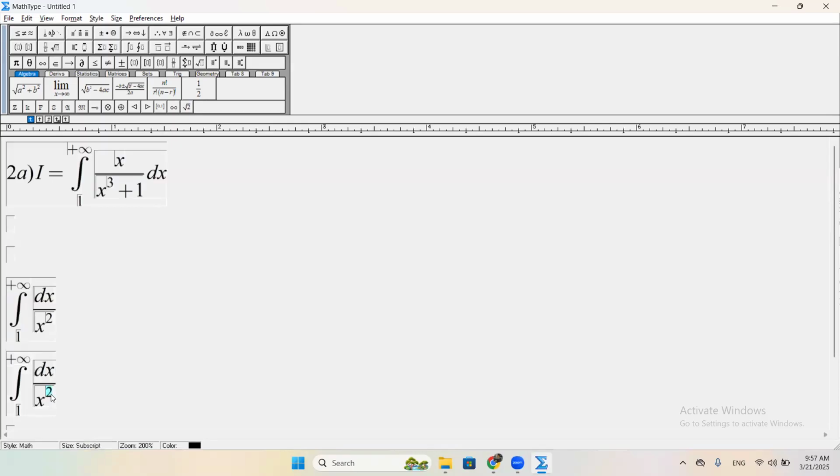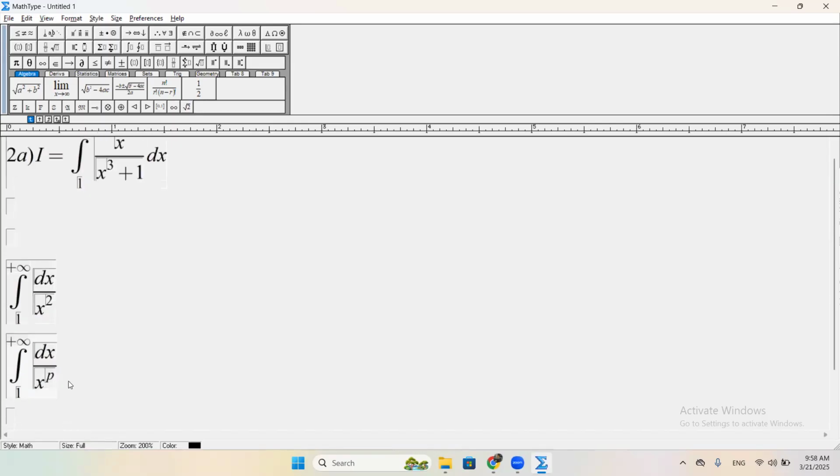Actually, we know that this integral, the integral of dx over x to the power p, converges when p is greater than 1, with infinite bounds, and diverges when p is less than or equal to 1. So we will compare with this integral, with the similar function.